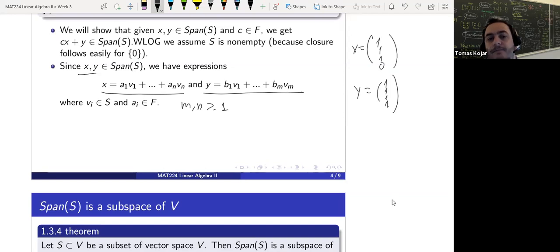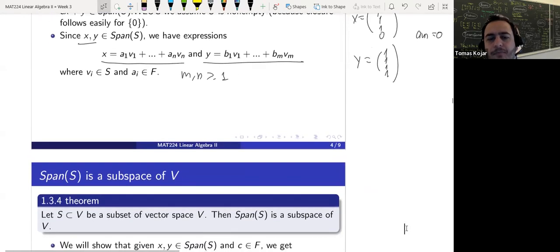Some of their components are 0. Of course, I could have written it and just said that an or am is 0, but I want to practice that they don't always match.